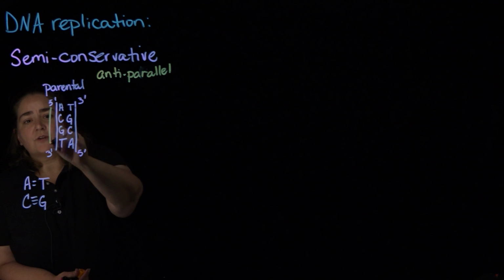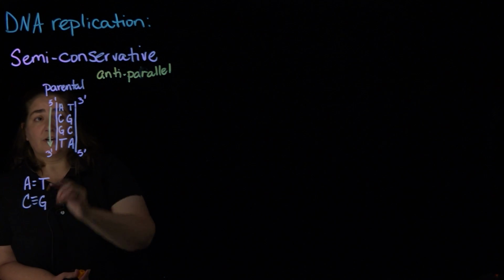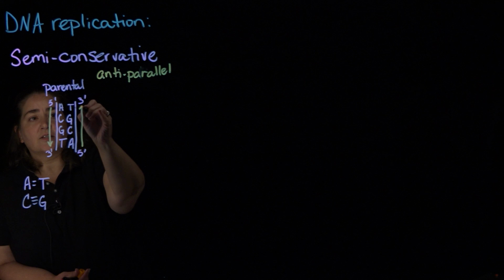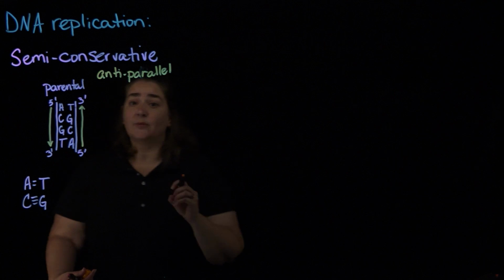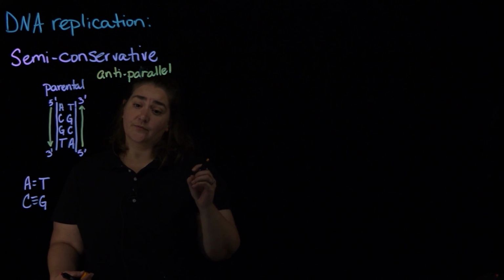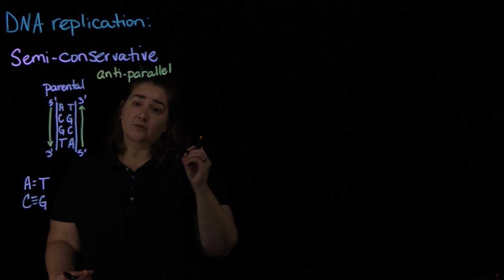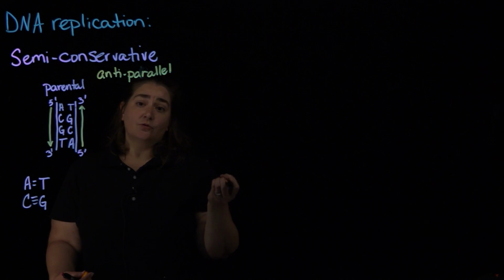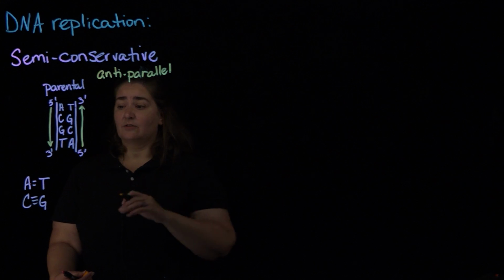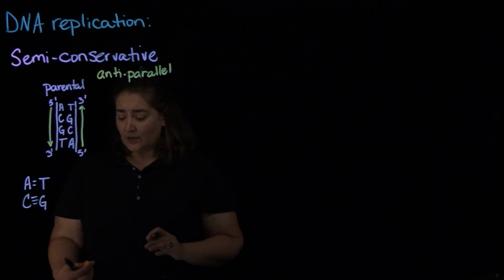You have one strand that runs in one direction, the other strand goes in the other direction. Now remember that 5' and 3' designation refers to the carbons on the sugar. The 5' end is where the phosphate is going to be. The 3' end is where a new nucleotide can be added. So we've got our parental strands.